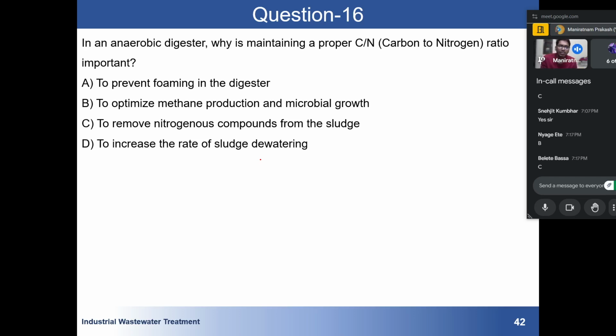Question number 16. In an anaerobic digester, why is maintaining a proper C by N ratio important? If you have gone through the lecture, this point was discussed, that we have to maintain a carbon by nitrogen ratio.